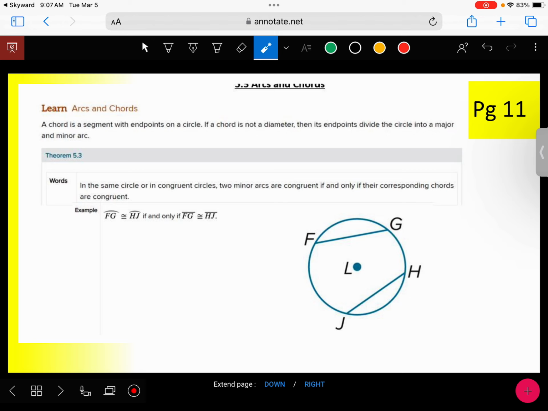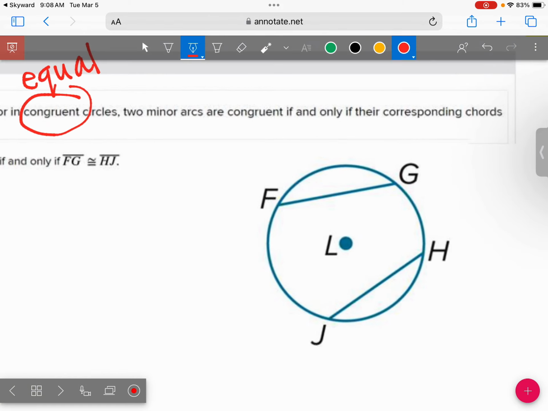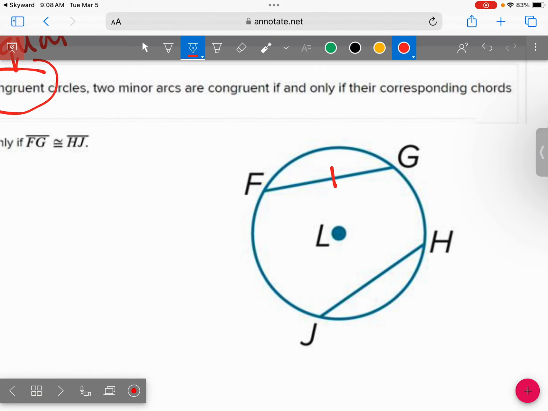So this says that if it's in the same circle, two minor arcs are congruent if and only if the corresponding chords are congruent. So the word congruent, that's a really fancy word, but it just means equal. So what that means is that if I know these are equal, let's go ahead and put a little tally mark on FG and JH.